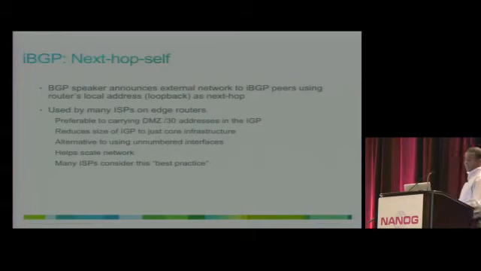So again, summarizing next-hop-self: by default, BGP speakers announce external networks to IBGP peers without changing the next hop, which is a directly connected interface or the peering IP address. But that's not recommended. It's better to override that with next-hop-self. And this is used by most service providers.